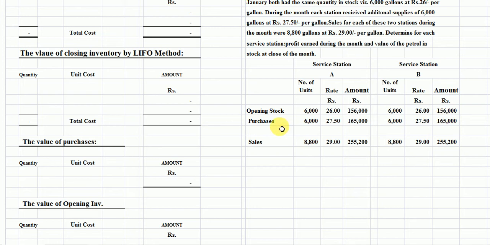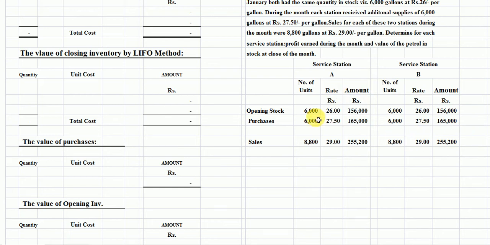Students, during the month, both stations purchase the same quantity of petrol, 6,000 gallons at the rate of rupees 27.50 per gallon, amounting to rupees 1,65,000, and in station B the same value is given in front of you.